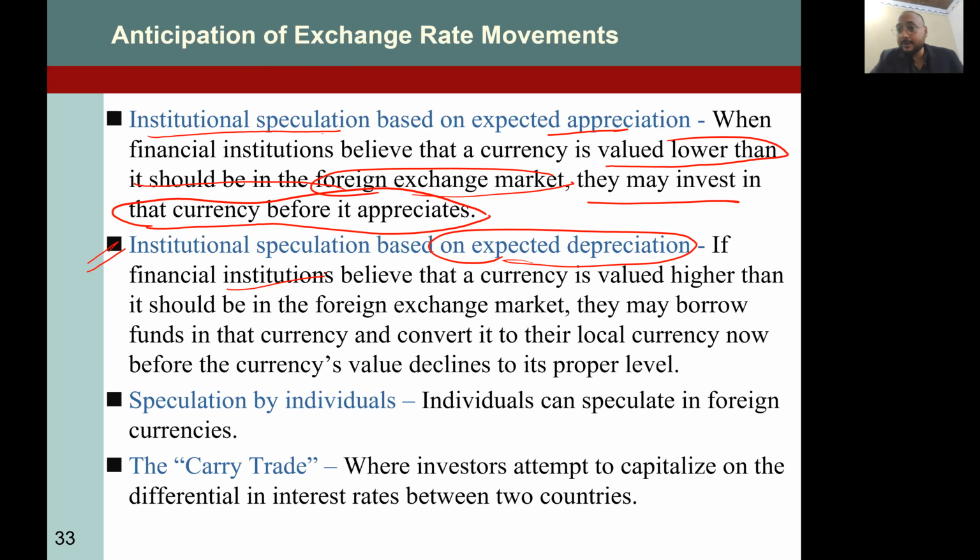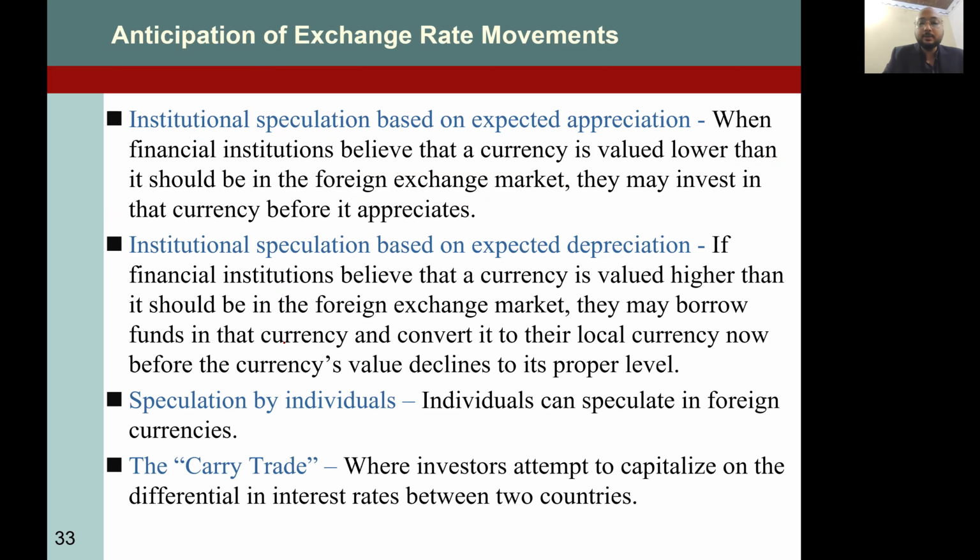If they don't have it, they're going to borrow in that currency, right? So what will happen when they borrow in that currency for 3 months? For example, they speculate that after 3 months, the value of the dollar is going to go down, and you are in Venezuela. So what are you going to do?